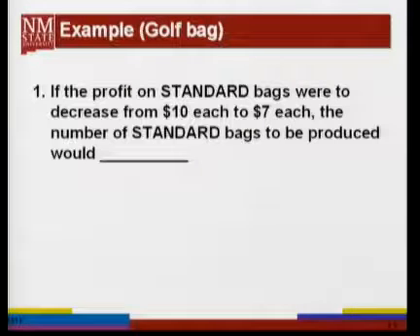Okay, so number 1, if the profit on standard bags were to decrease from $10 each to $7 each, what will be the effect on the number of standard bags to be produced?